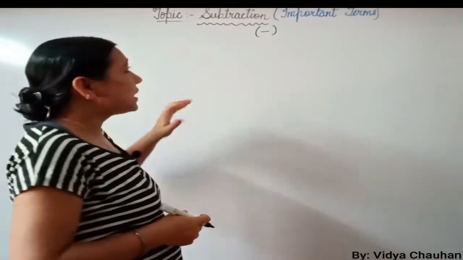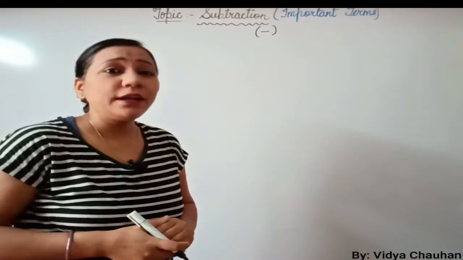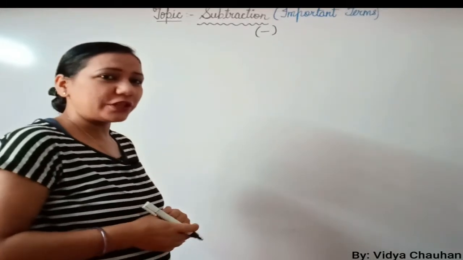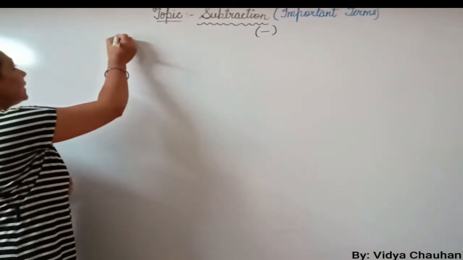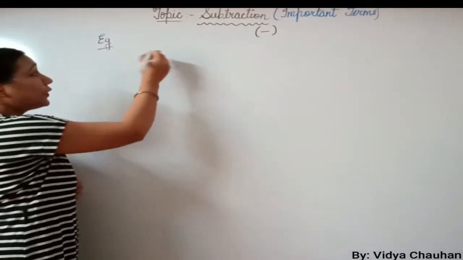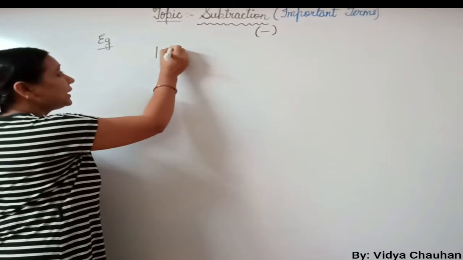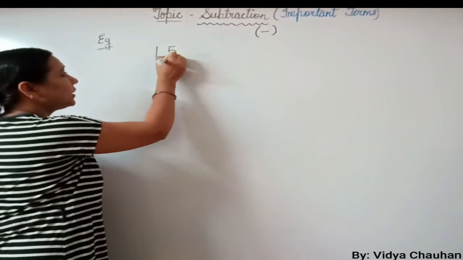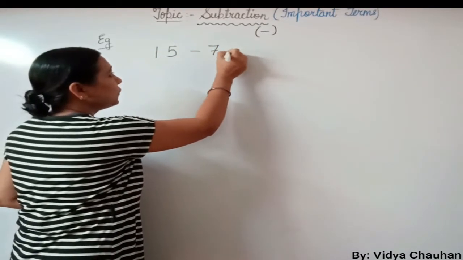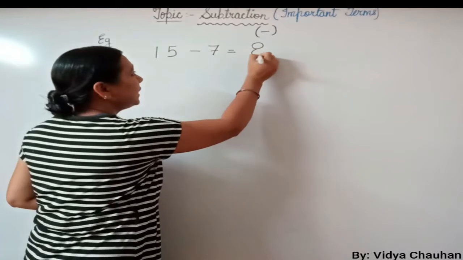Now, before starting how to do subtraction, let me tell you some very important terms used in subtraction. For that, let me take an example. If it is said that you have to subtract 15 and 7, what answer will you get? 8.